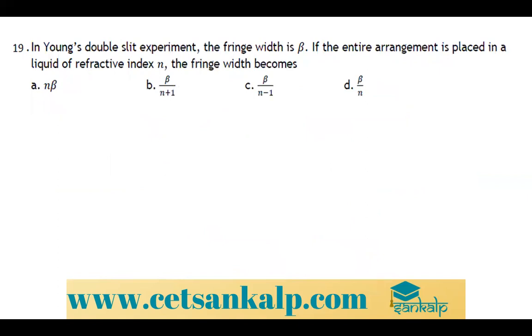Next problem. In the Young's double slit experiment, the fringe width is beta.